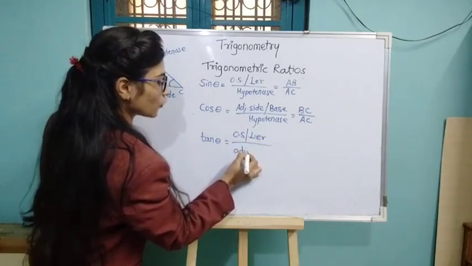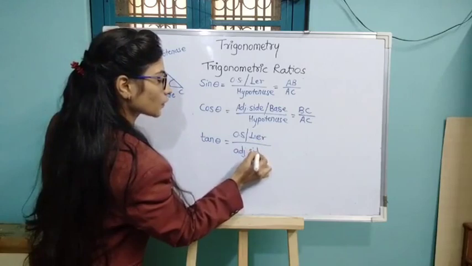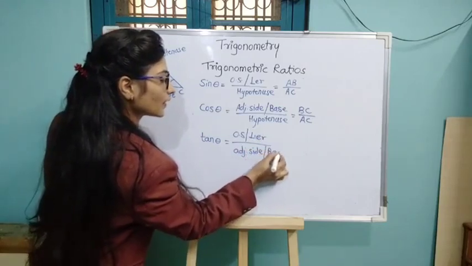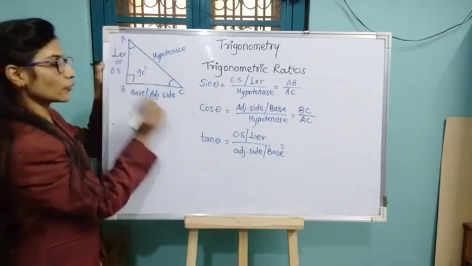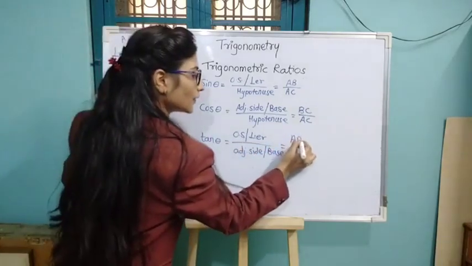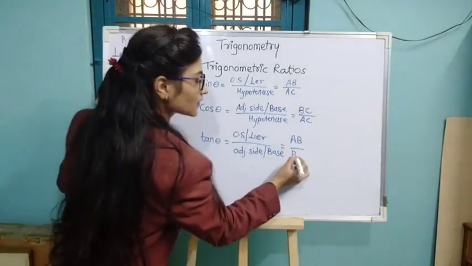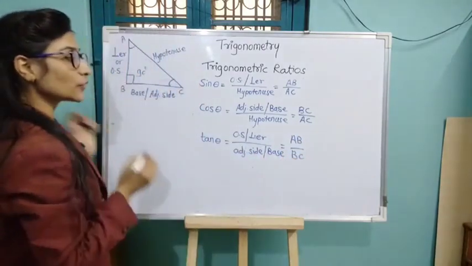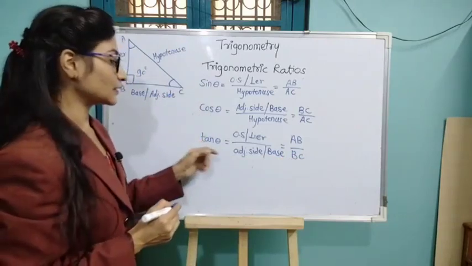I am mentioning both terms here for your better understanding. The opposite side is AB and the adjacent side is BC. In this way we got these three ratios: sin theta, cos theta and tan theta.